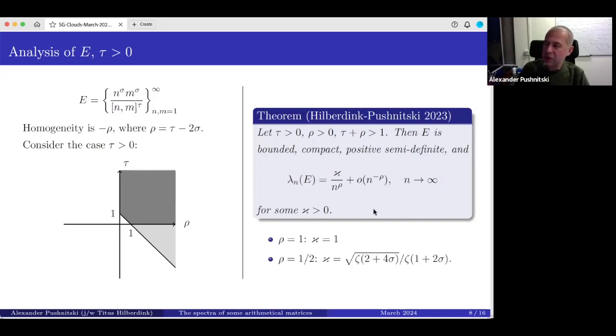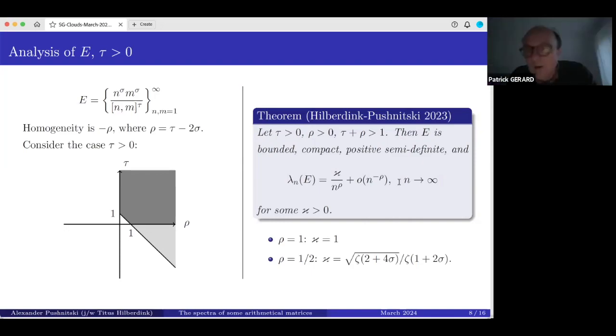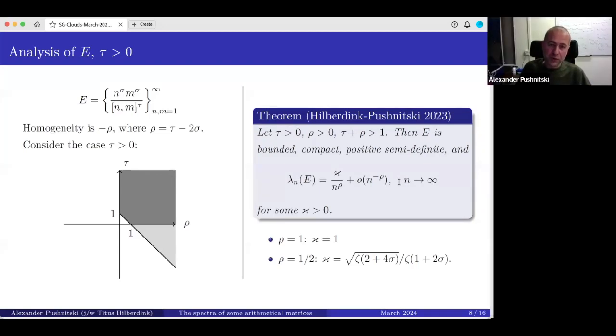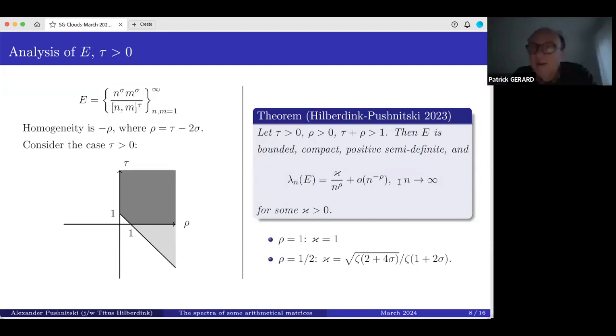It was n to the minus rho multiplied by exponential to minus square root of log n or something like this. So it's something very weak, but it requires quite strong input from number theory. Okay. Interesting. Thank you very much.